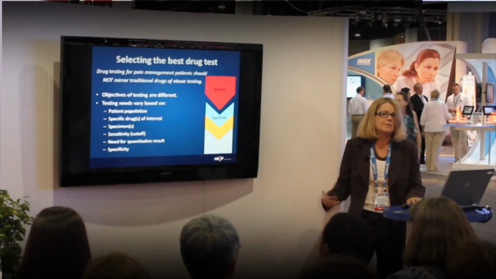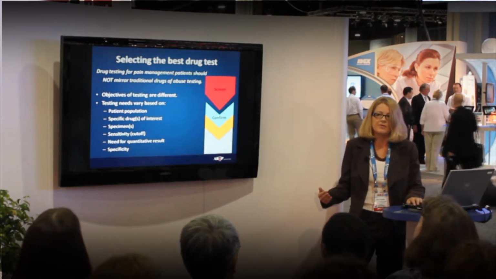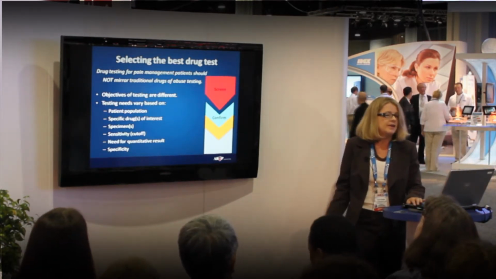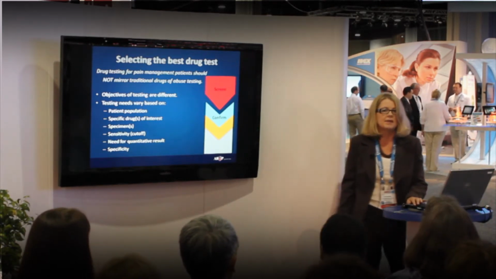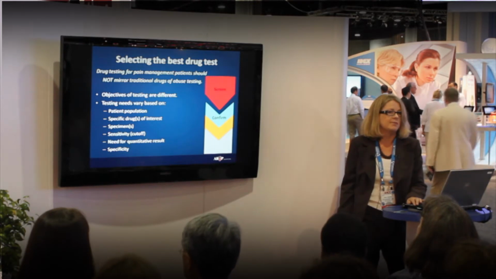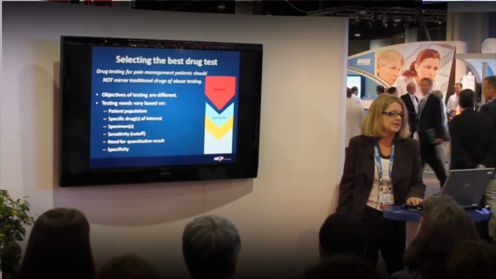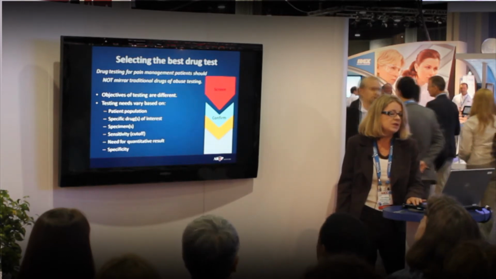Urine drug testing is probably the cornerstone right now, so urine is the preferred, most common specimen, but at times other specimens, such as blood, can be very useful in a pain management population. And so knowing that alternate matrices are available for drug testing is important.